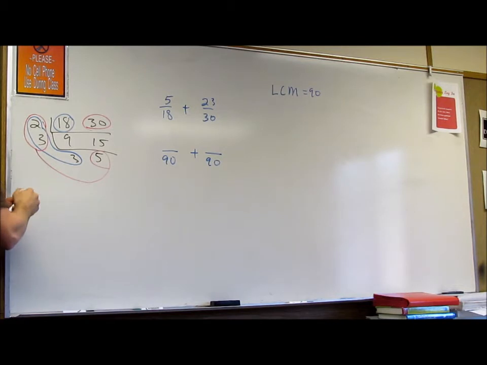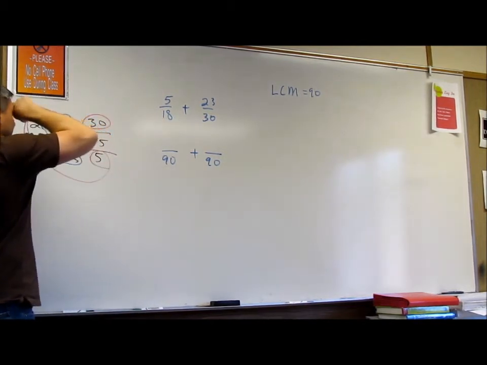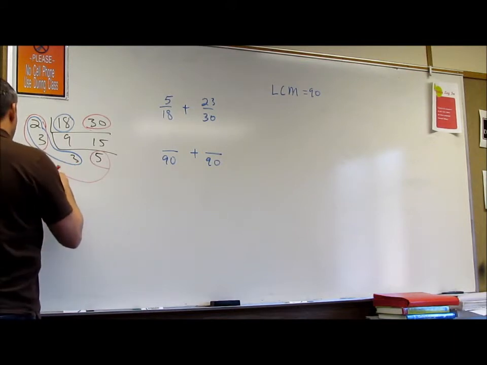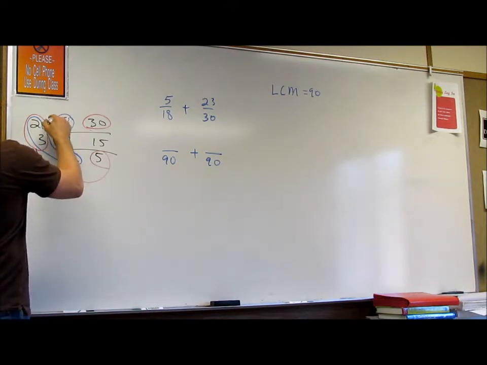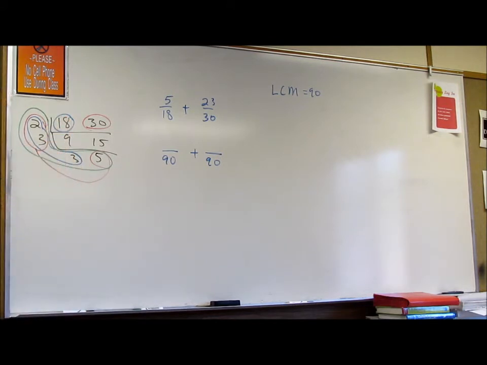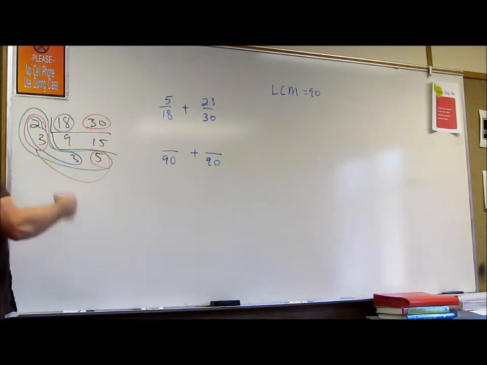Okay? Well, what's really cool about that is it tells me right away what times 18 is 90. Because if the LCM is all of these, right, then whatever's not in the blue is times the red.